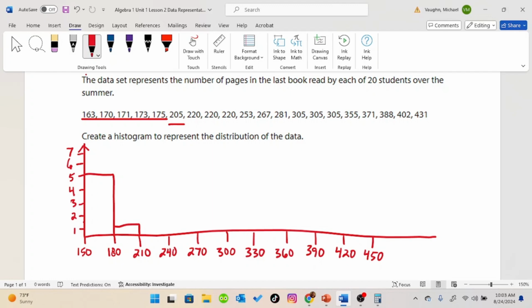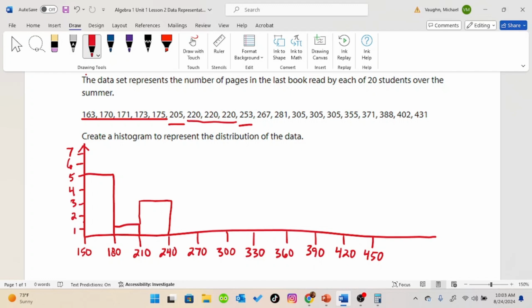Next, we're looking at least 210, but less than 240. And that happens 1, 2, 3 times. So we're going to go up to 3, and this bar is going to be 3. Next, we're looking at least 240, but less than 270.